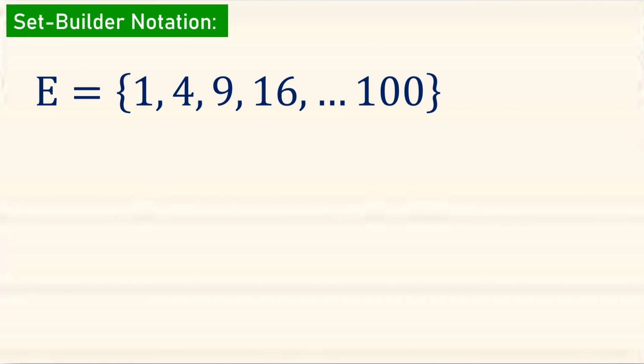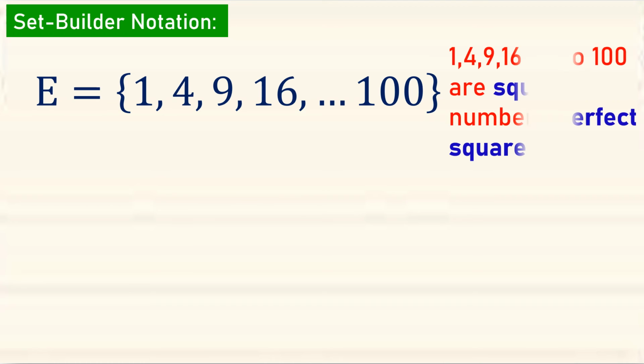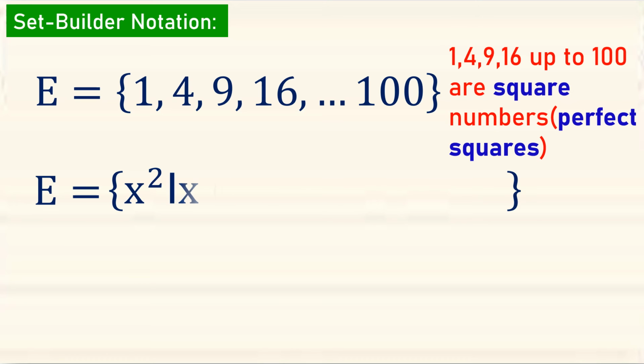Now, how about if there is a limit on that? So if we have E is equal to 1, 4, 9, 16, and so on and so forth up to 100. So 1, 4, 9, 16 up to 100 are square numbers or perfect squares. So we are going to have E is the set of all x squared such that x is an element of n.